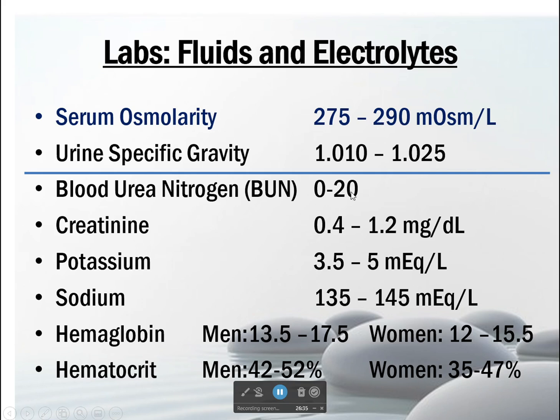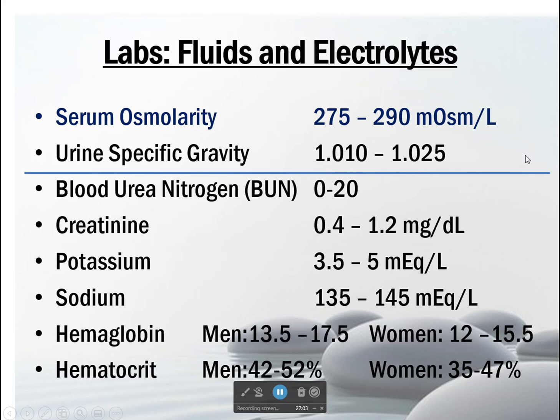Here are your lab ranges. So earlier I mentioned a serum osmolarity of 285 to 295. This slide needs to be updated to that, so you can disregard the 275 to 290 here. It should be 285 to 295. Urine specific gravity, 1.010 to 1.025.